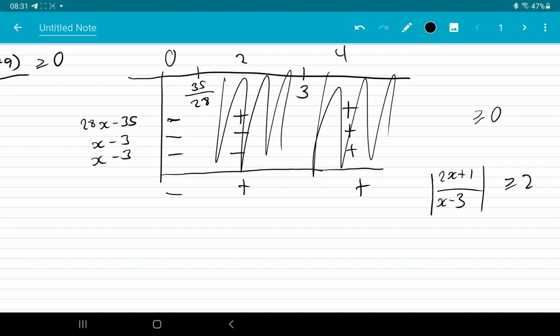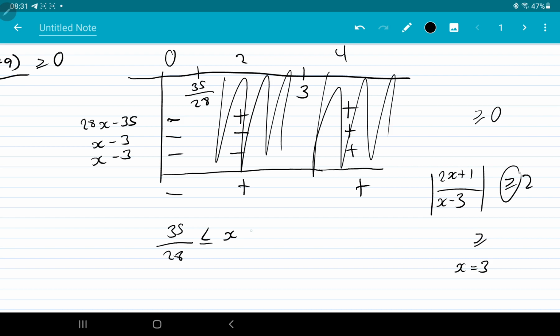The problem is, there are some inequalities that we can't use this equal sign, which is from the question. For example, 3, right? If x is 3, okay, let's say, why can't we use x is bigger than 3? Right, let me write down the final answer first. So it should be 35 over 28 is less than or equal to x.